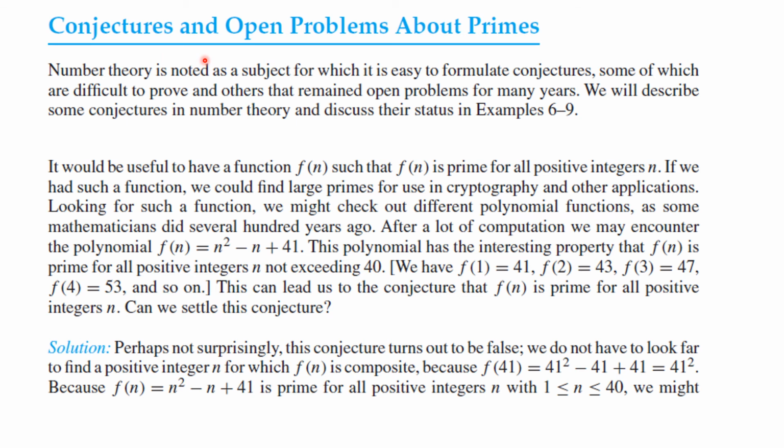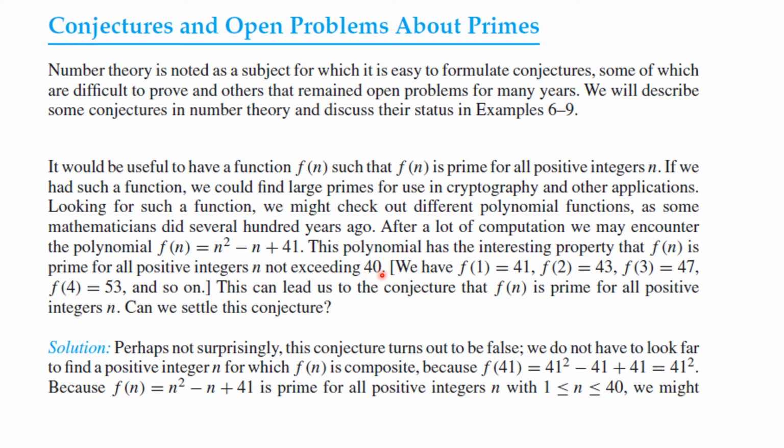Now, there are many conjectures and open problems about primes. Some people ask, is it possible to have a function such that f(n) is prime for all positive integers n? One thing that some people have talked about is f(n) = n^2 - n + 41, because this polynomial has an interesting property: f(n) is prime for all positive integers n not exceeding 40.